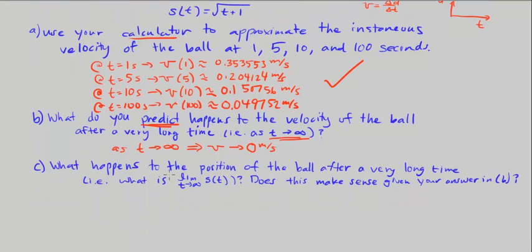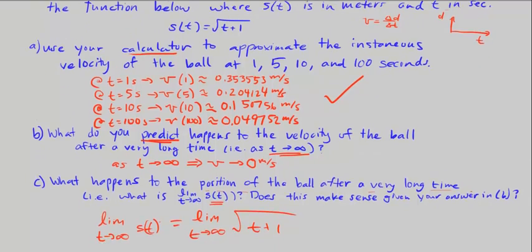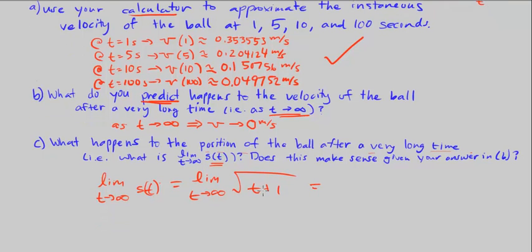Okay, so what happens to the position of the ball after a very long time? Well, remember, the position function was s of t. And so the limit as t approaches infinity of s of t is just equal to the limit as t approaches infinity of the square root of t plus 1. As t gets bigger and bigger, the square root is going to grow.